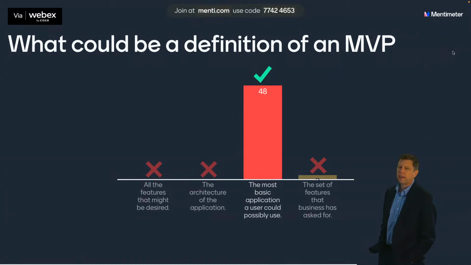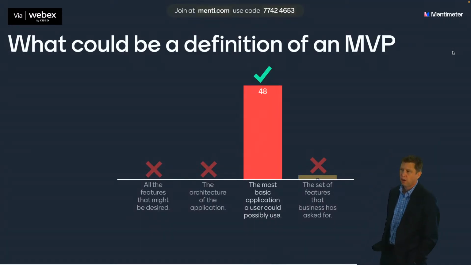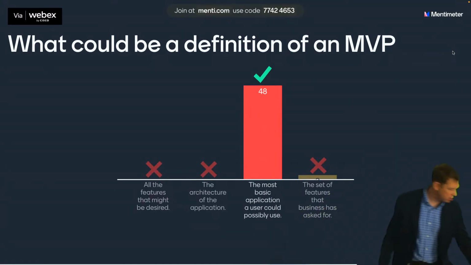The set of features that the business has asked for may not be the right answer because the business probably has a lot of ideas that are enhancements and benefits, things they want someday, but which shouldn't hold up delivering other parts of it. They don't necessarily want to wait to move into the house until the pool's installed, if you think of it like that.